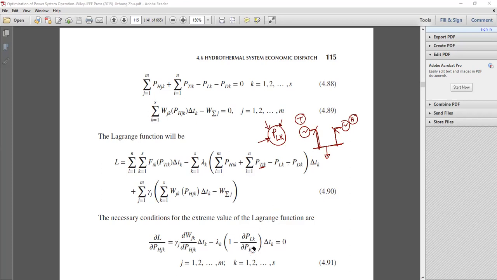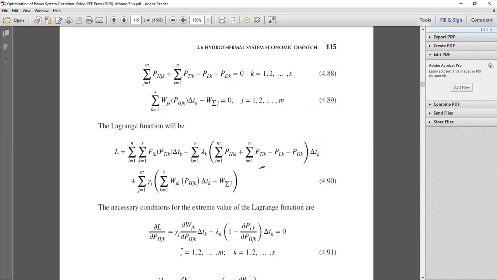So when you take the partial derivative of L with respect to PHjk, your PLk here has to be partially differentiated with respect to PHjk. And you have to do the same for the partial derivative of L over PTik in the next line that will come. So this is one additional thing that we have to take into consideration.